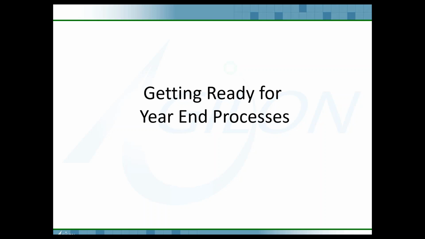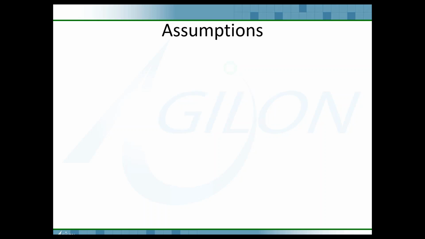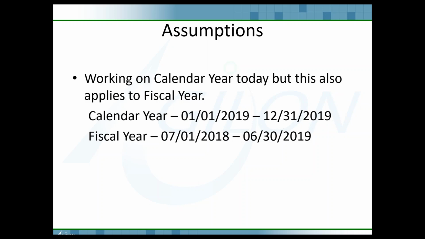So let's get started. First off, we have a few assumptions. We're going to be working with calendar year end today, but these processes also apply to fiscal year end. Calendar year is January through December, and fiscal year is usually July through June of the next year.